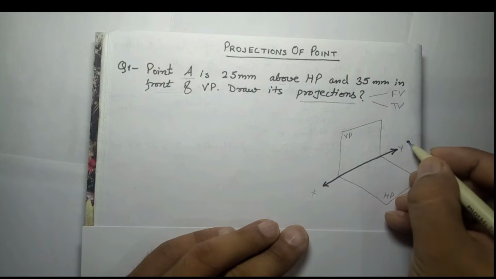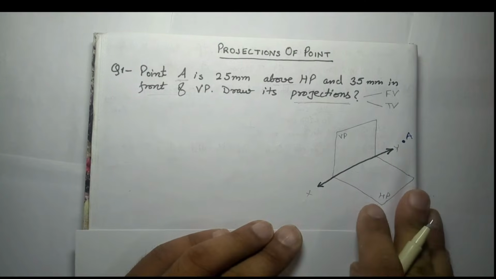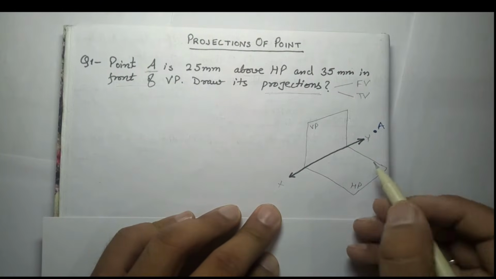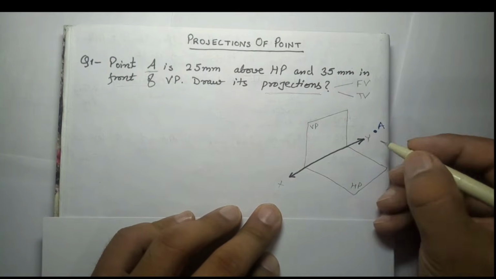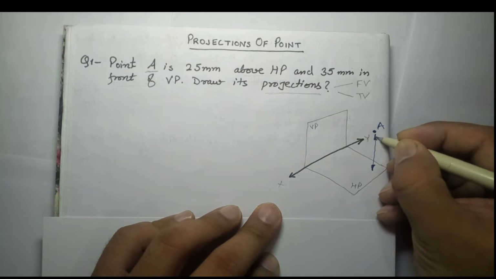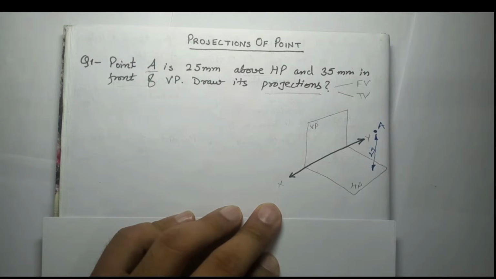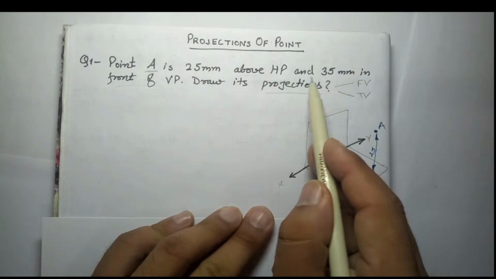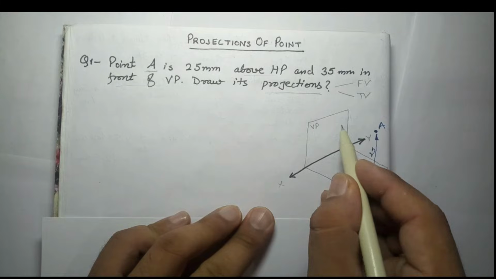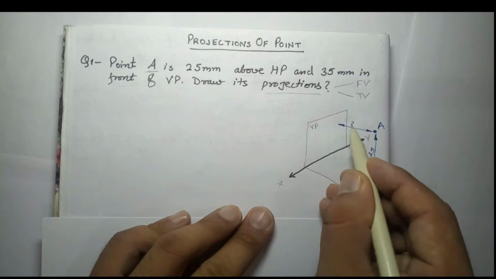A point has only a dot and it has the name A. I am making it with a pen so that it is visible to all of you. Then it is given 35 in front of VP, so this gap will be 35 from VP.